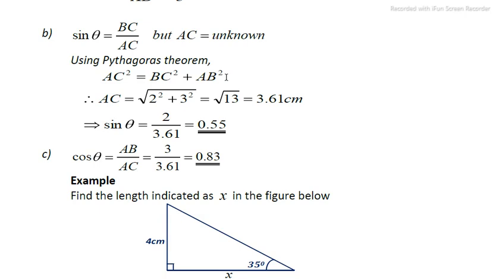After getting AC, we can now substitute in the formula for sine, which is opposite over hypotenuse, to get its answer. The same applies to cos, because cos equals adjacent over hypotenuse, but the adjacent is 3 now. So it is 3 over 3.61 to give us 0.83 as our value for cos.